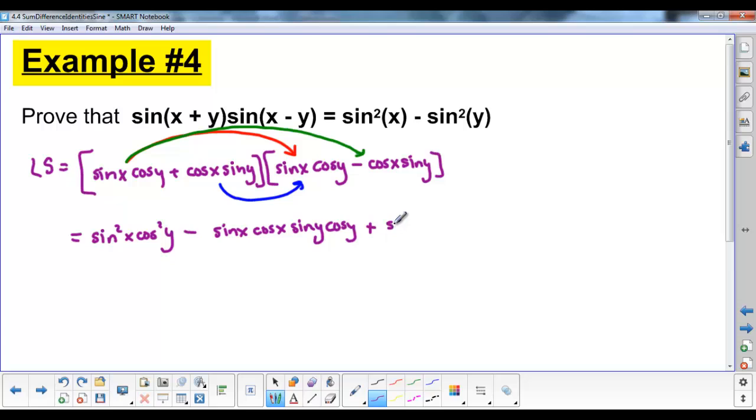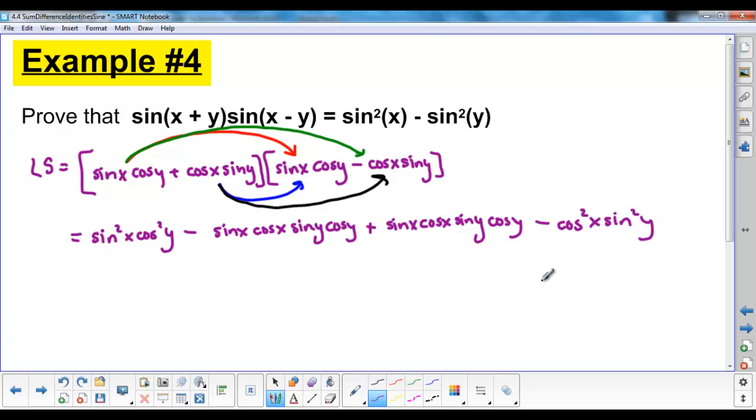And we actually end up with the positive version of that previous term. And then finally, cos x sine y times negative cos x sine y, and we end up with negative cos squared x and sine squared y. So the good thing about this is that the two middle terms do cross each other out.